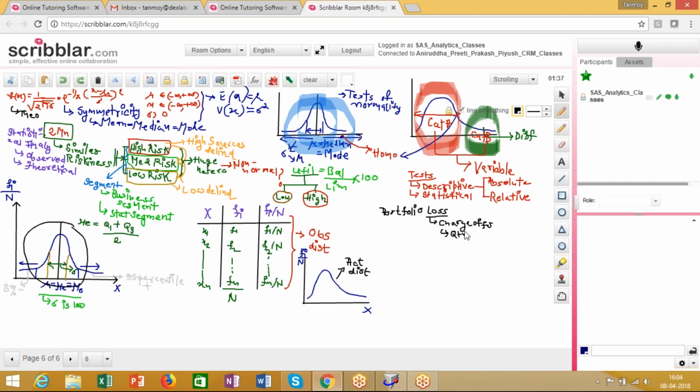So what you have is a value, and you have the respective charge-offs.